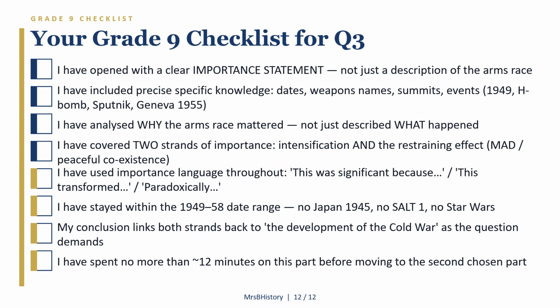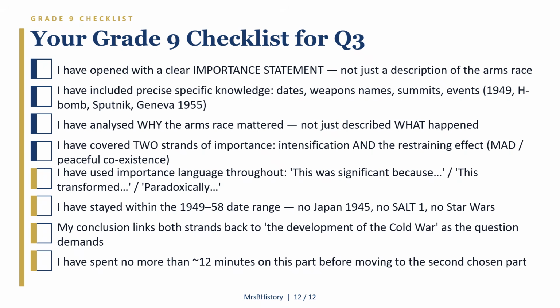6. Have I stayed within the 1949 to 1958 date range? No Japan 1945 or SALT or Star Wars. 7. Does my conclusion tie both strands together and link back to the development of the Cold War? 8. Have I spent no more than 12 to 13 minutes on this part?